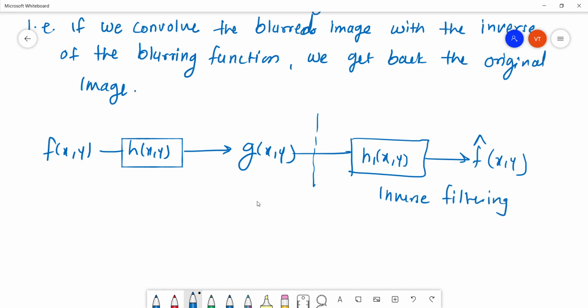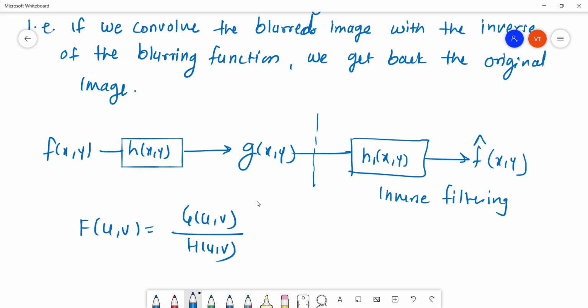Now, we had assumed that the noise term is 0. So what we got was capital F of u,v equal to G of u,v upon H of u,v.